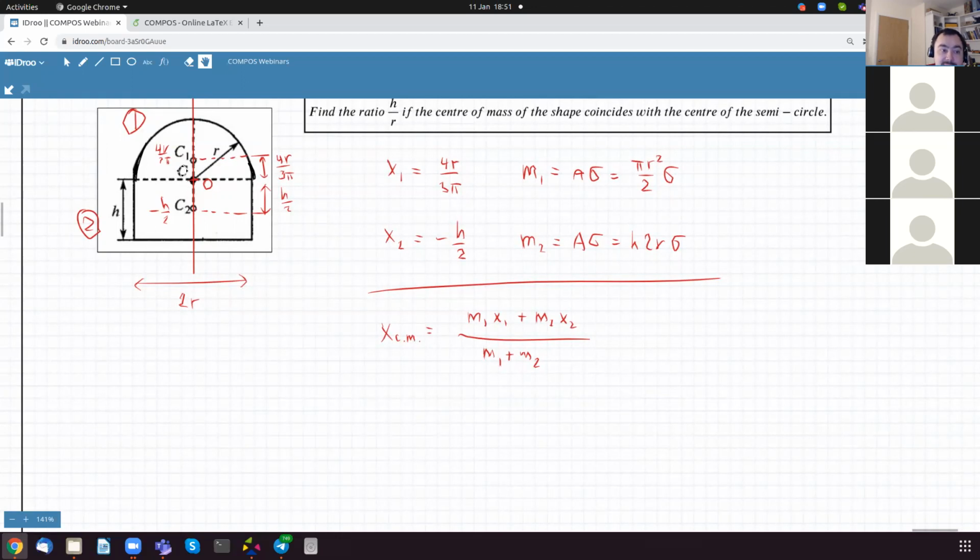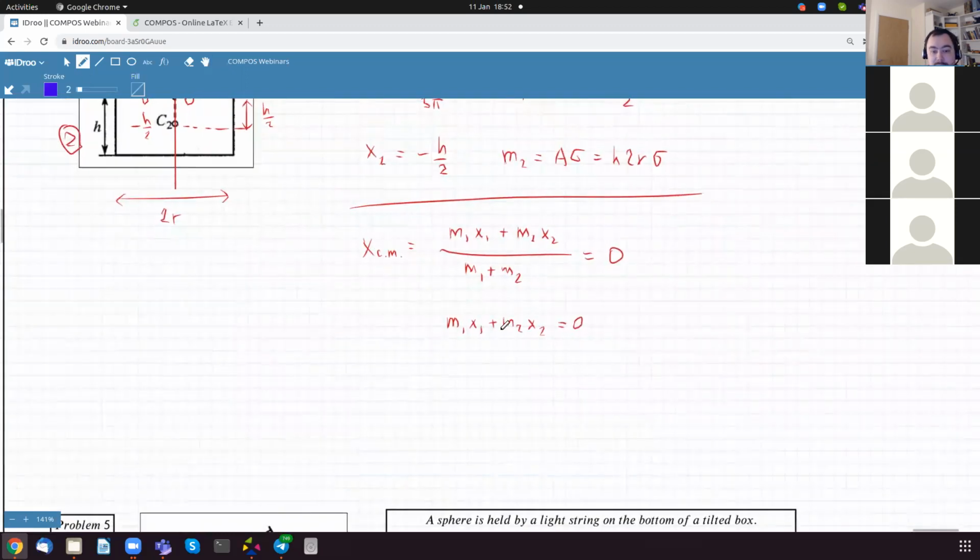So the center of mass has a coordinate 0. Therefore, this is equal to 0. Multiplying both sides by m1 plus m2, we get m1 x1 plus m2 x2 has to equal 0. So we kind of get rid of this bit. If a fraction is equal to 0, that means that the numerator is 0.